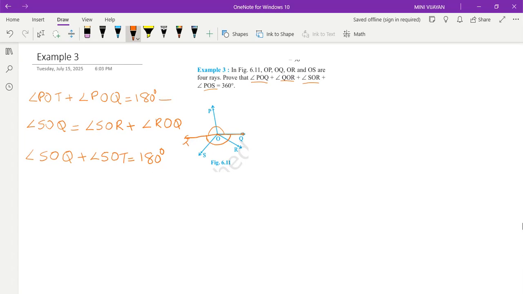Already we have one equation here, equation number 1, and here we got SOQ plus SOT equals 180, that is equation number 2. Now add these two equations together. When you add 1 and 2, the left side of equation 1, angle POT plus angle POQ, is added with the left side of equation 2, that is angle SOQ plus angle SOT.